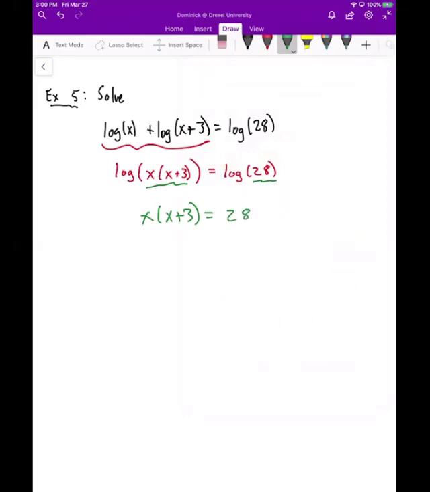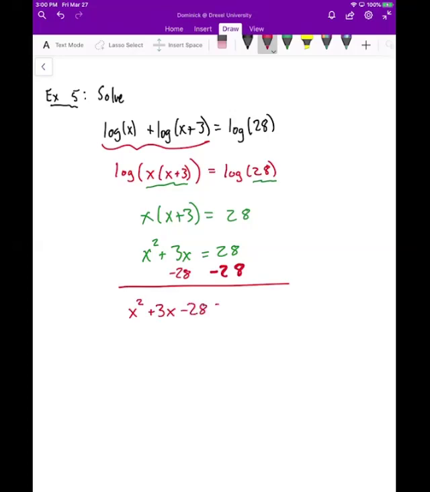So now we can distribute, and we'll have an x squared plus 3x is equal to 28. So with a quadratic, I want to move this 28 over. So now we have x squared plus 3x minus 28 is equal to 0. Now, of course, we want to try and factor this, and of course we can.